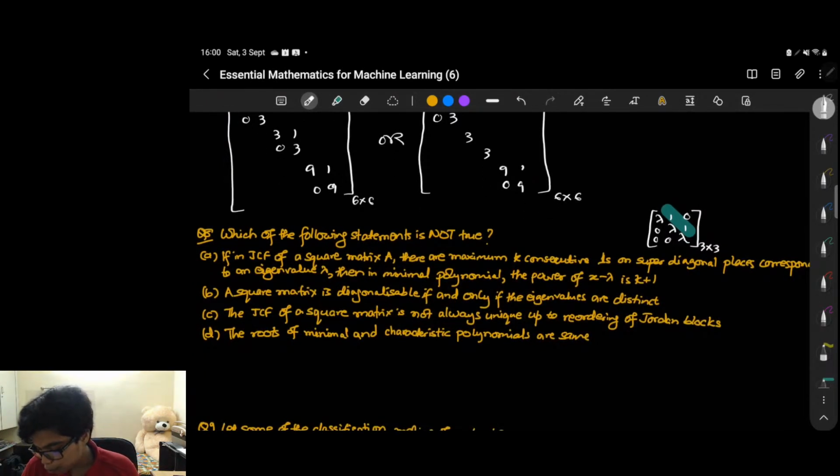Then option number B. A square matrix is diagonalizable if and only if the eigenvalues are distinct. Now this is a false statement. Why?